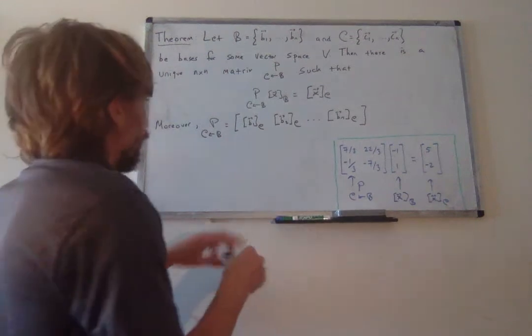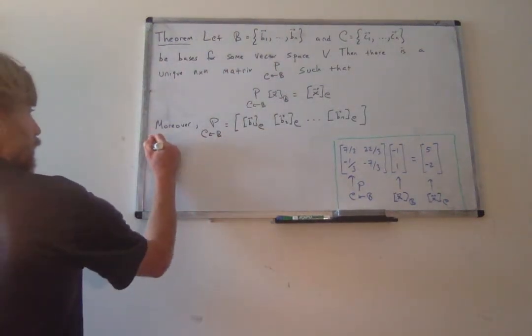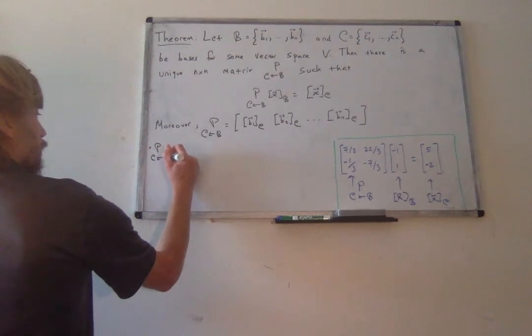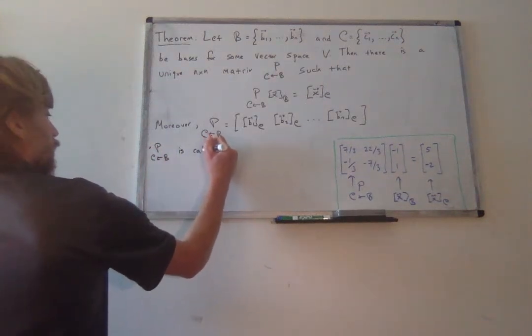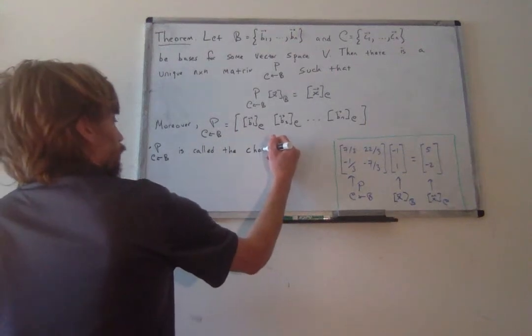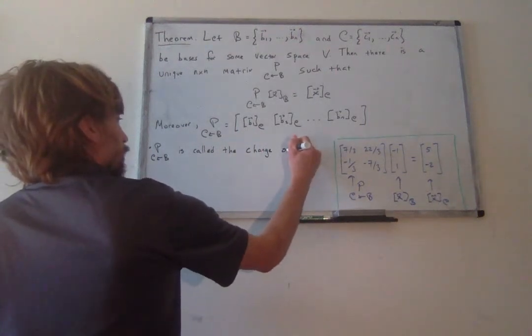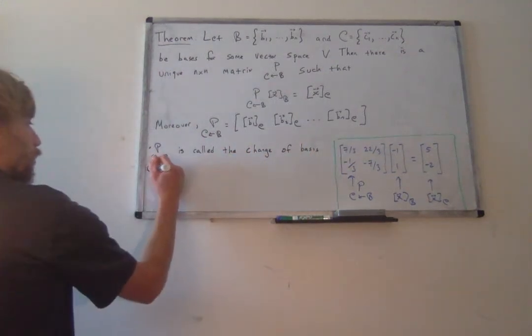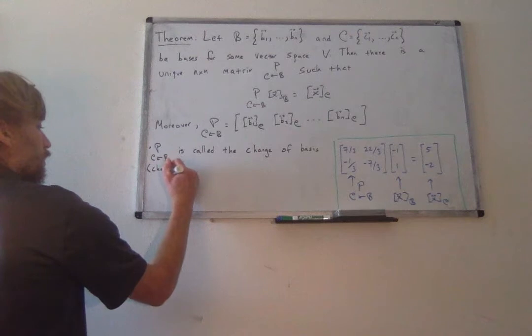So I'll now formally define this. This matrix is called, so I prefer the term change of basis. Your book, I think, uses change of coordinates.